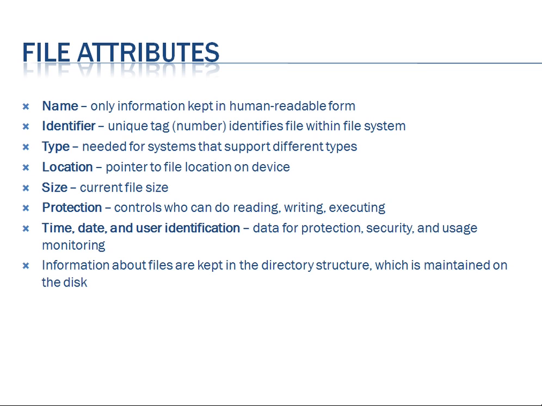Location is a file attribute that points to the file location on the device where it is stored. Size is an attribute that gives you an idea about how long your file is, so size will indicate its length. Then protection is an attribute which controls who can do what sort of operation over the file.